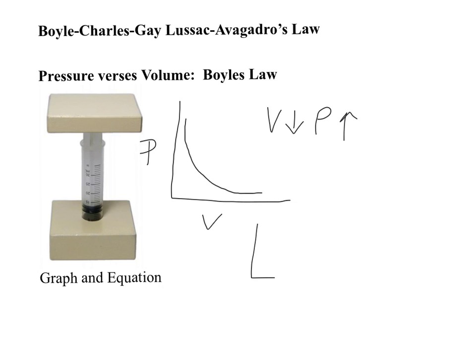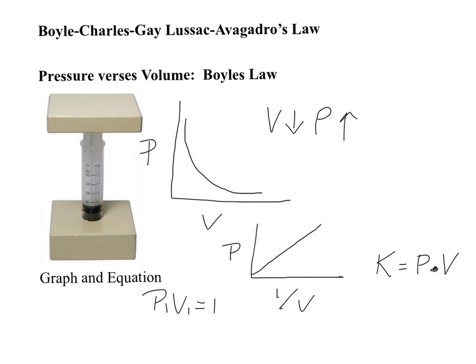If we were to do a graph of P and 1 over V, that would give us a direct relationship or a constant. So the constant would be equal to P times V. This gives us P1 V1 equals P2 V2 as an equation if we were just dealing with pressure and volume at a constant temperature.